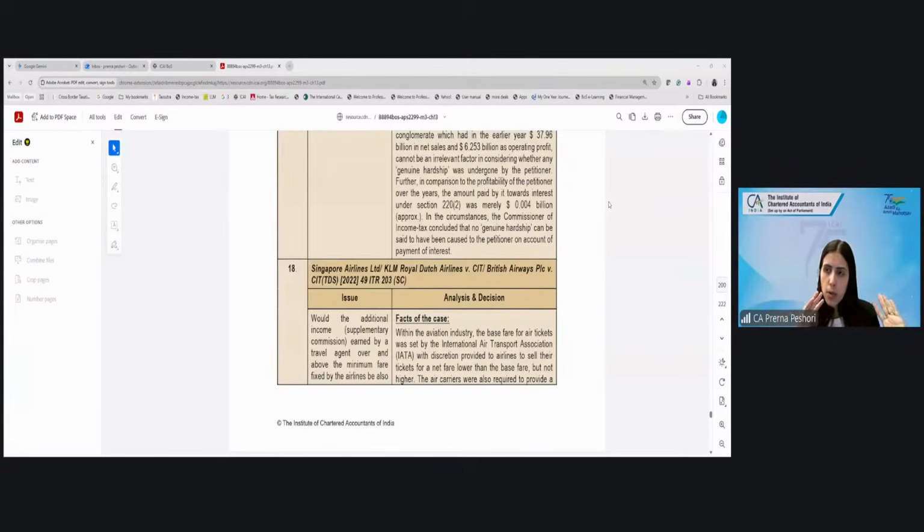Now, there's an arrangement between the airline and Make My Trip, which sets out the terms and conditions with respect to how they would sell the flight tickets and what would be their remuneration.